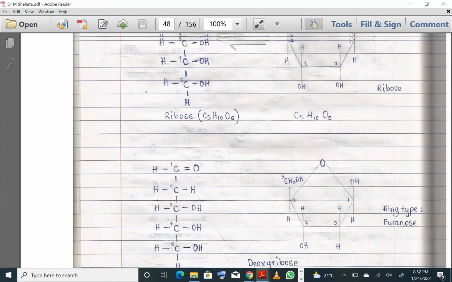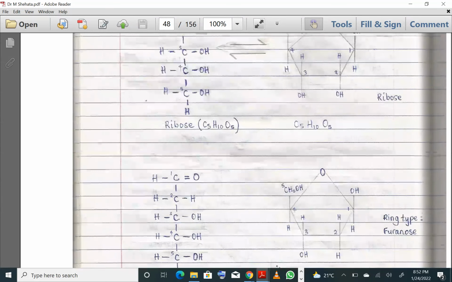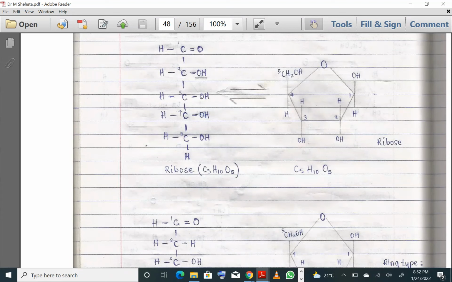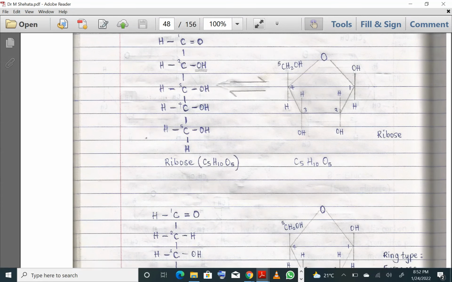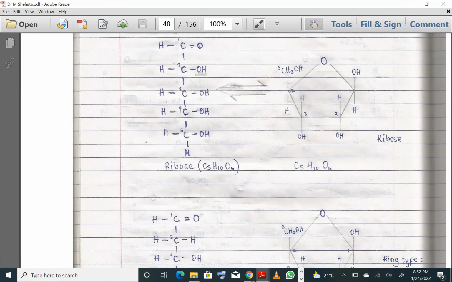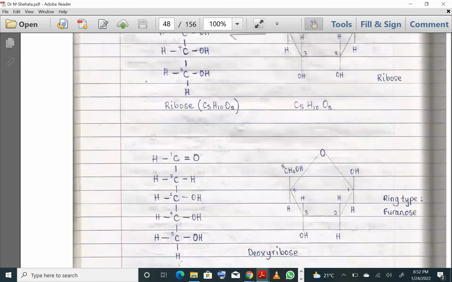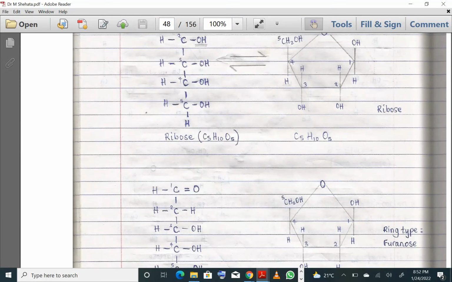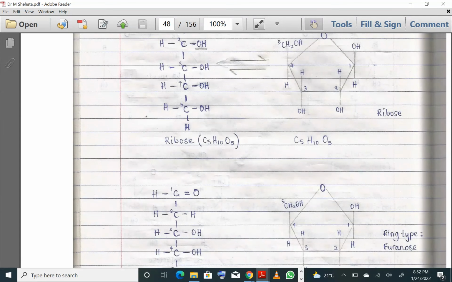And so you see that the chains, even though these are actually aldoses, as you can see, their functional groups are towards the end, but the ring which they form, the ring which they are comfortable with, is the furanose, and as you can see, it's actually a pentagon, because it's got 5 atoms, or 5 sides, assume I want to put it. So what is the ring type that's formed by both of them, ribose and deoxyribose?